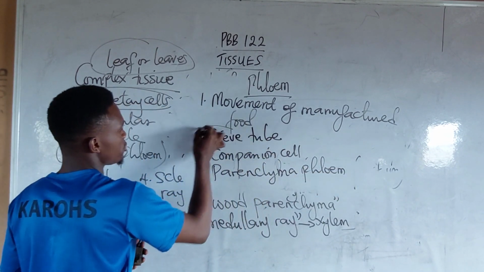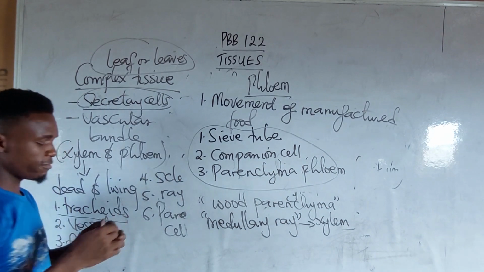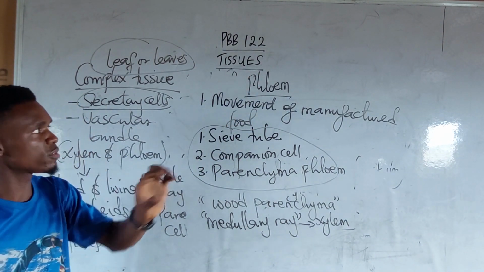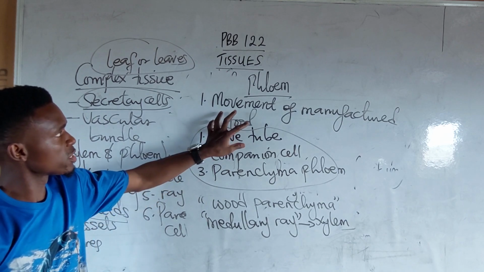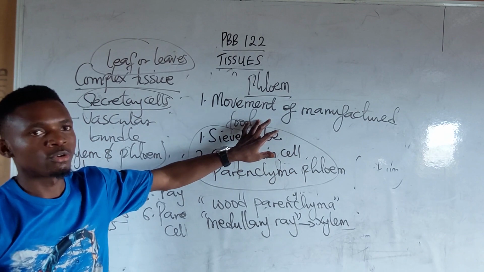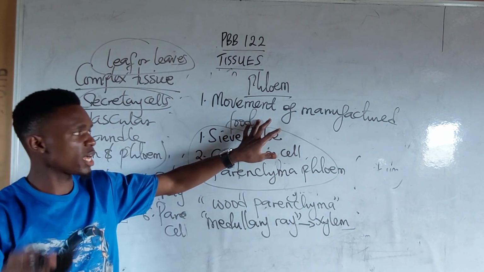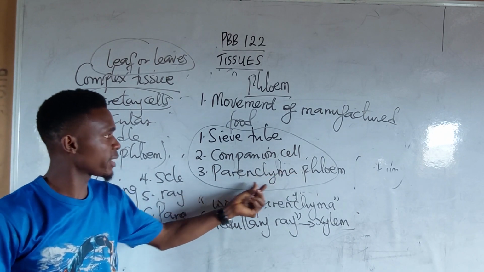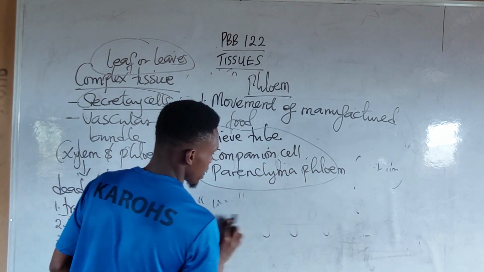So these three are found in the phloem. The primary function of the phloem is to carry or move manufactured food from one part of the plant to another.